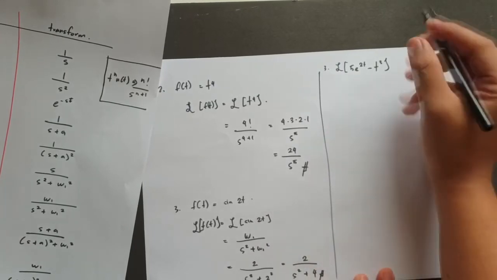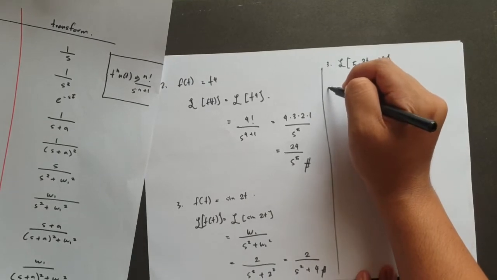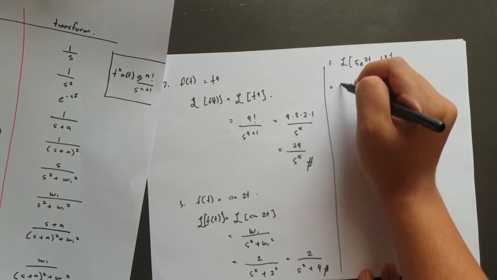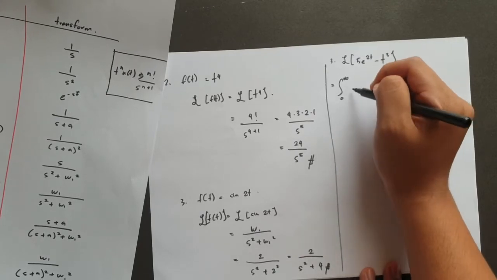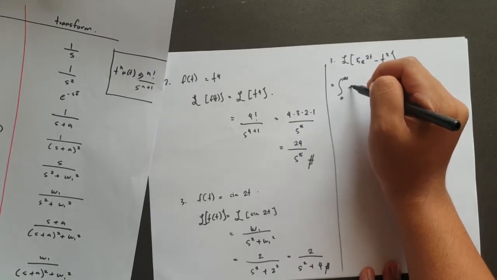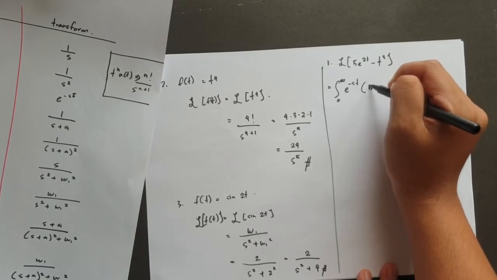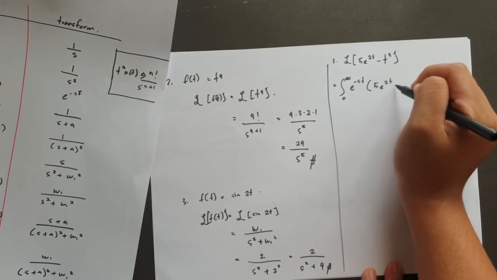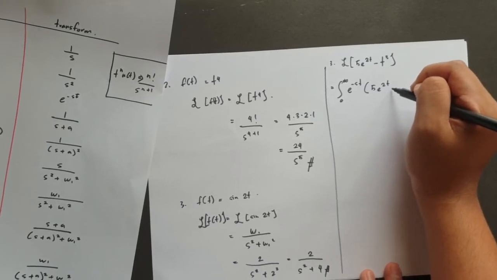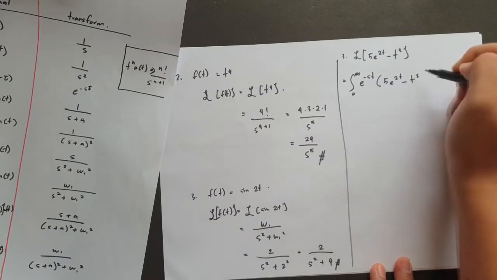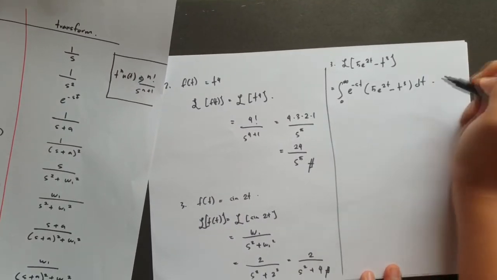If I write the Laplace, it means the integral from 0 to infinity of e^(-st) times (5e^(2t) minus t³) dt.